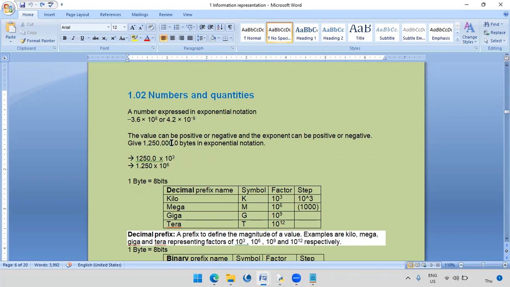How is it 10 to the power 3? Because for each zero, you multiply by 10 to the power 1. So here 3 zeros, 10 to the power 3. And if you take 1.250, that means another 3 you have brought here, so 10 to the power 6. And this is the best way to represent big numbers.